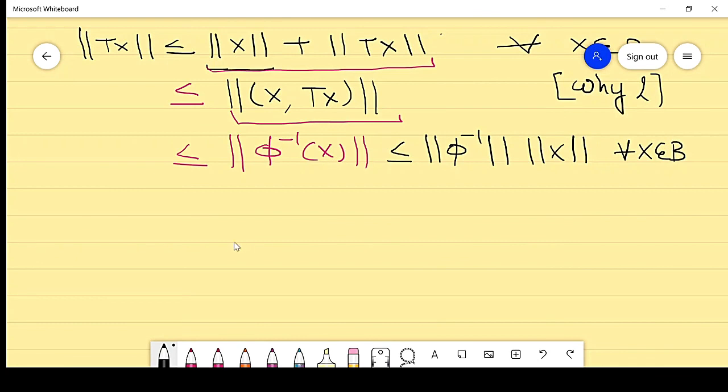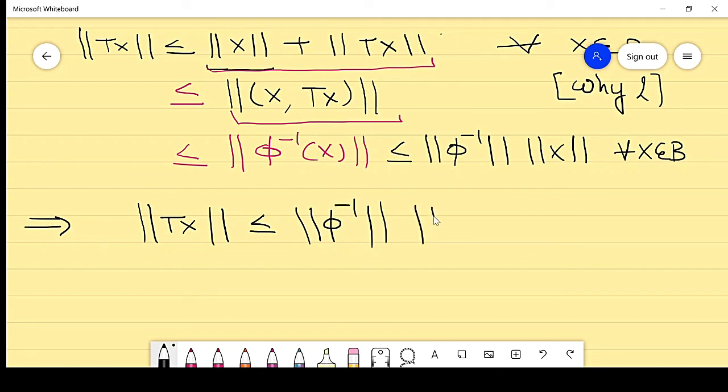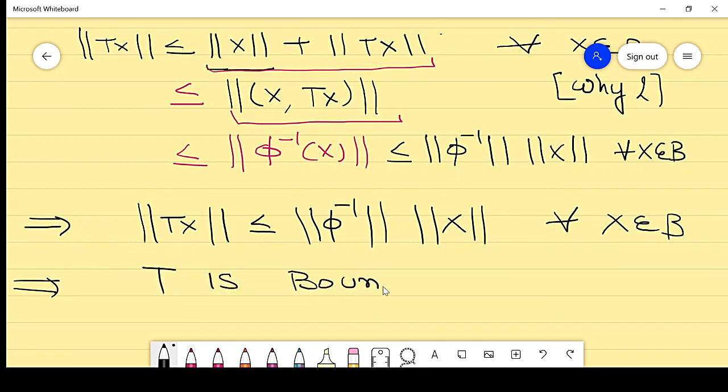So what do I get? I get norm of Tx less than or equal to norm of phi inverse, so take it as a constant, times norm of x for every x belongs to B. So it implies T is a bounded operator, and we know that every bounded operator is continuous.